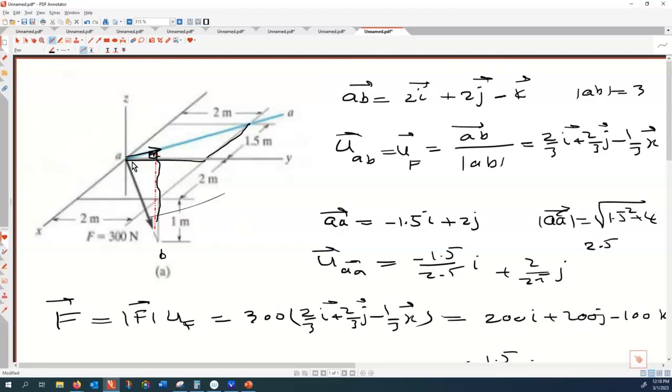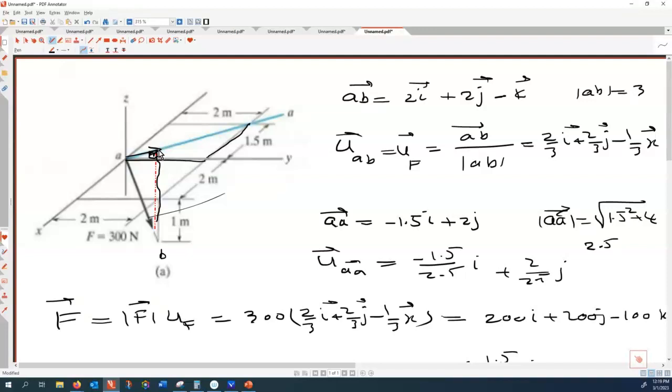Yes. So that is a three-dimensional force F, and you want to project this over another three-dimensional line. It is very difficult to visualize, even though this illustration is good.